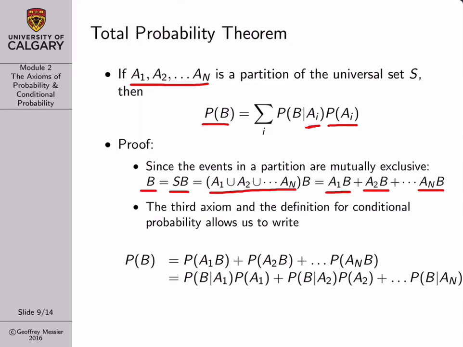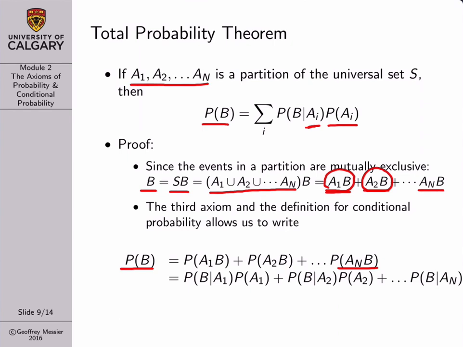And so that means we can use the third axiom to say that the probability of B is equal to the probability of the intersection of A1 with B plus the probability of the intersection of A2 with B, all the way up to AN.